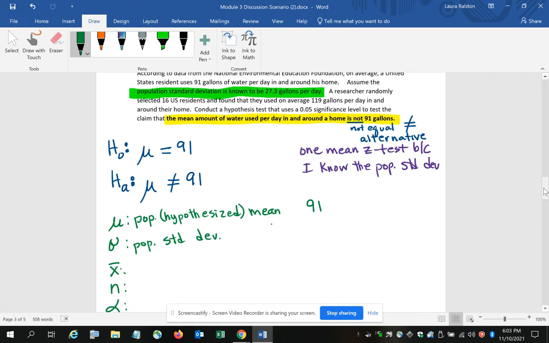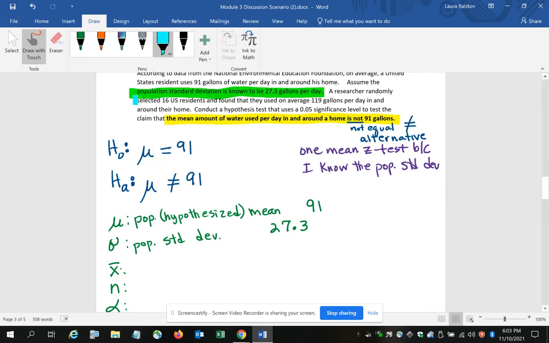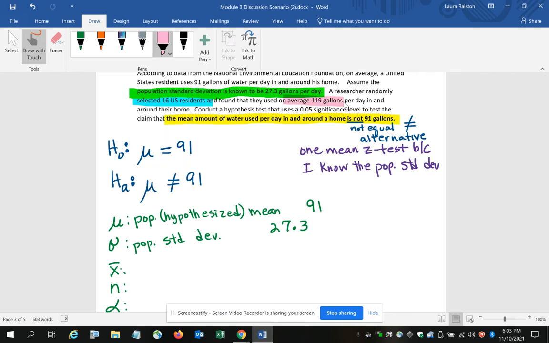That's 27.3. Again, if I go back and read a little bit, it says researcher randomly selected 16 U.S. residents, so that's my sample size, and on average, they used 119 gallons per day in and out.